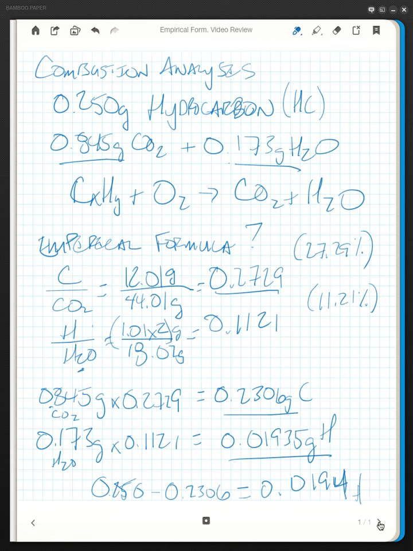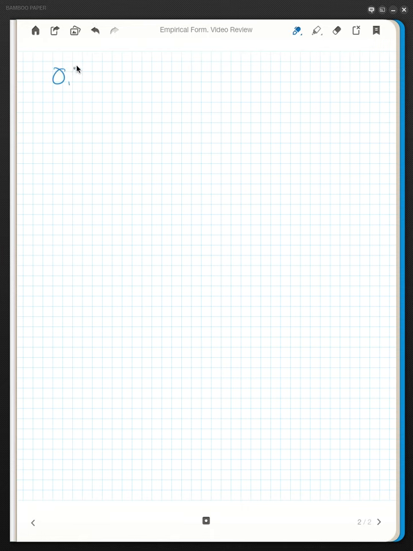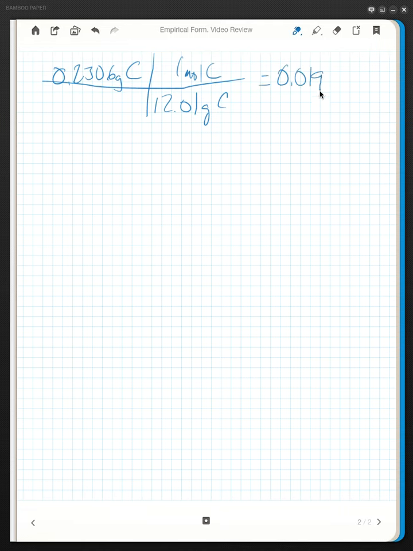So now we can convert it to moles, okay? So we have, let me look at the calculator here, 0.2306 grams of carbon, and you have 12.01 grams of carbon in 1 mole of carbon. And when you do that, that gives you 0.01920 moles of carbon.